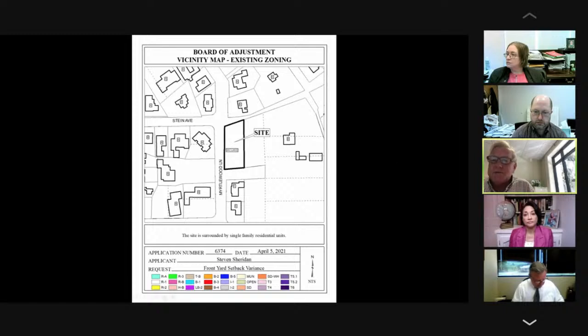So the variance he's requesting is 10 feet off of the newly expanded right of way, but the home will be built in the same location as the home that was there. If staff or the applicant can address that, but I think the people in opposition need to understand that they're not asking to build the home any closer than the ones that are already there. Is that a correct analysis on my part?